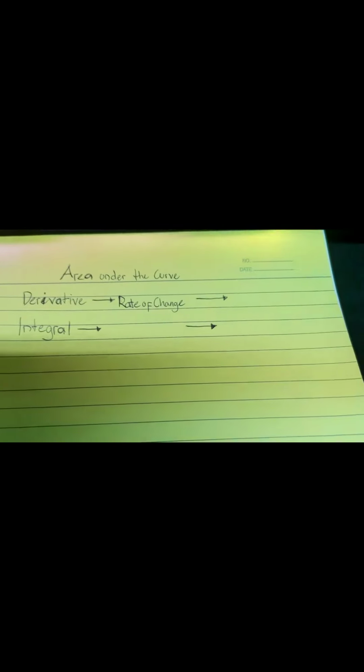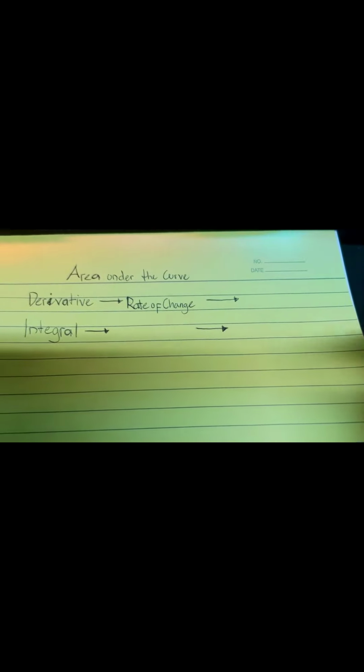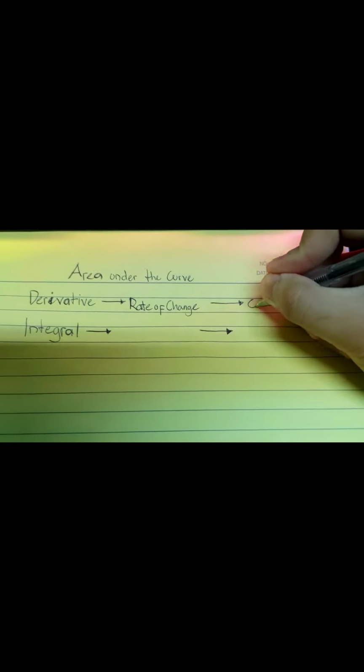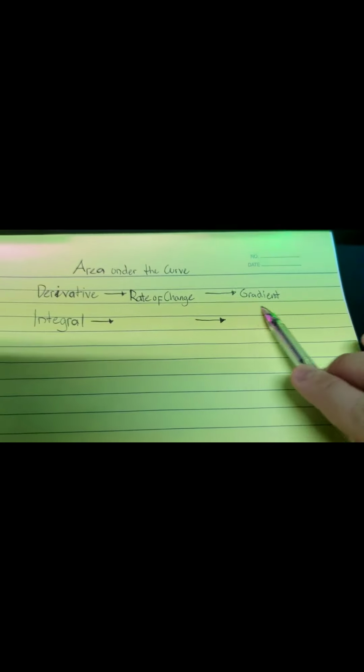The rate of change geometrically gives you the gradient. This means that if your gradient is negative, your rate of change is also negative, so whatever you have here is getting lower, lower, and lower.